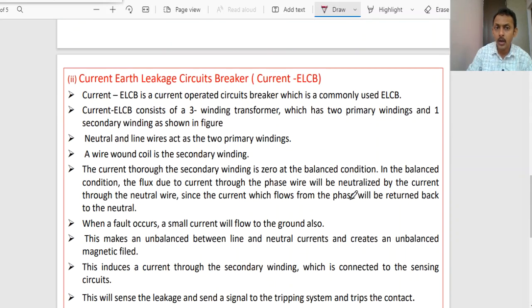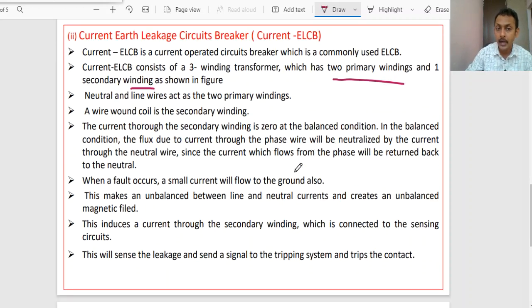Now coming to the earth leakage circuit breaker, it is going to have a 3-winding transformer, right? Out of those 3 windings, 2 will act like primary windings and 1 will act like the secondary winding.